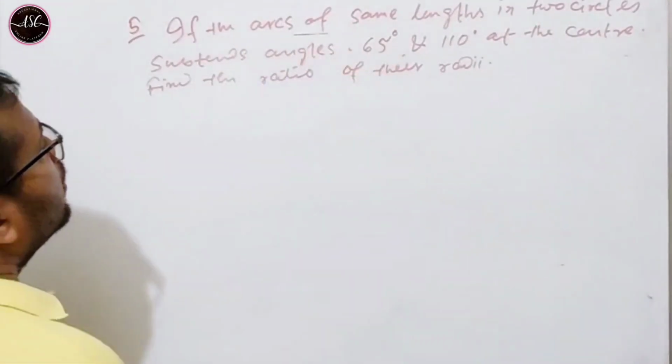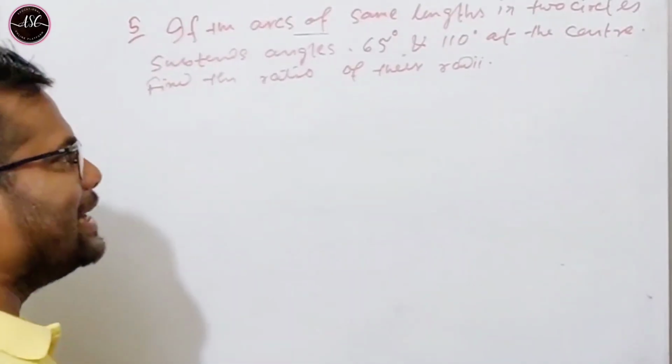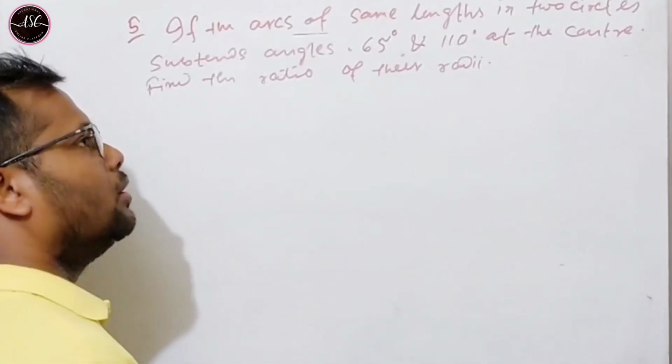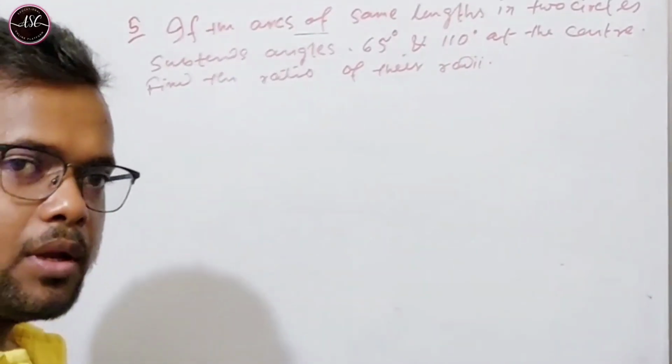Now look at this question. If the arcs of same length in two circles subtend angle 65 degree and 110 degree at the center, find the ratio of their radius. Okay.